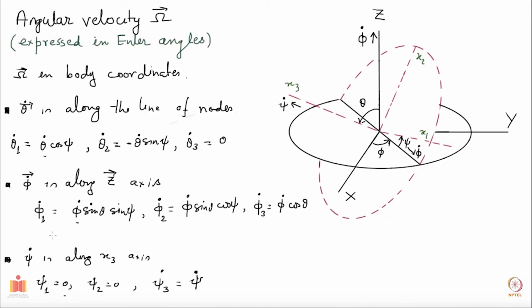So omega 1 would be phi dot sine theta sine psi plus theta dot cos psi. And omega 2 will be phi dot sine theta cos psi minus theta dot sine psi, and omega 3 would be phi dot cos theta, this is 0, plus psi dot. Let me write that down for you.